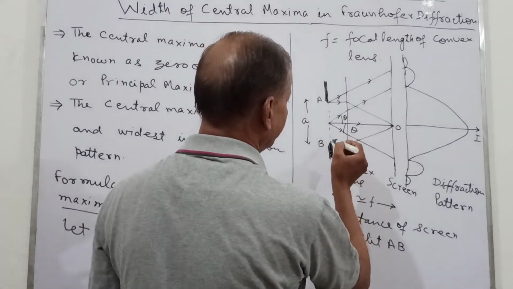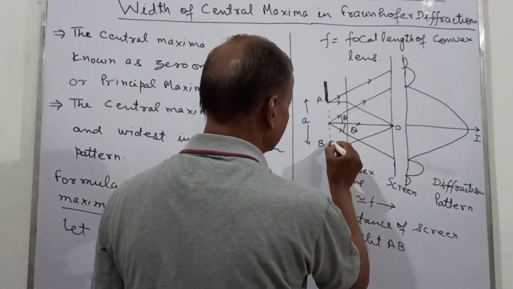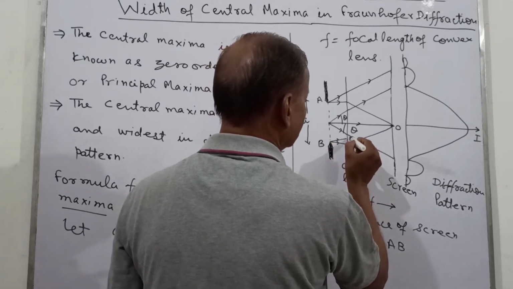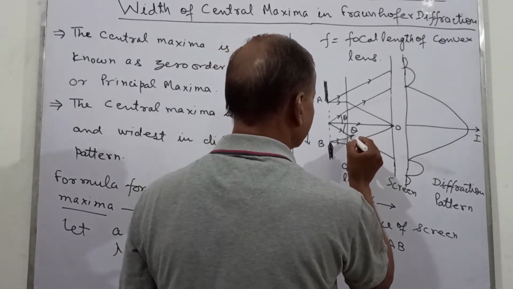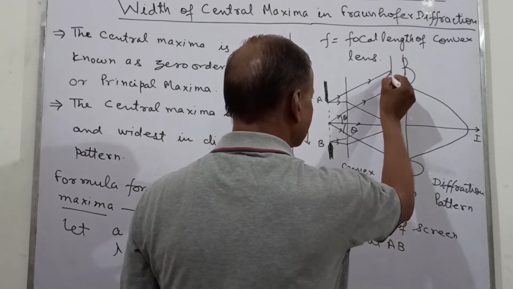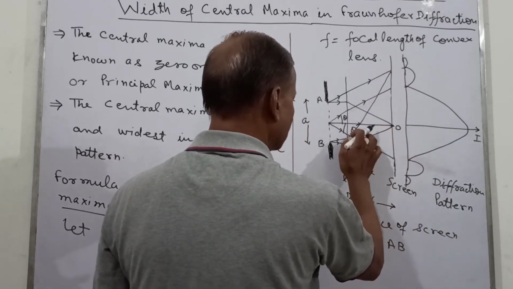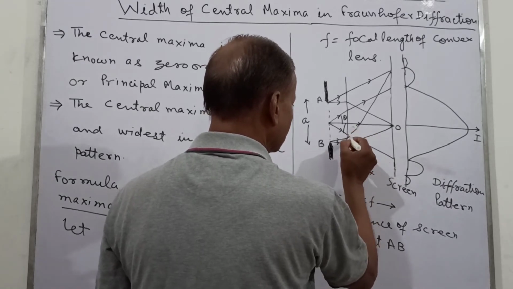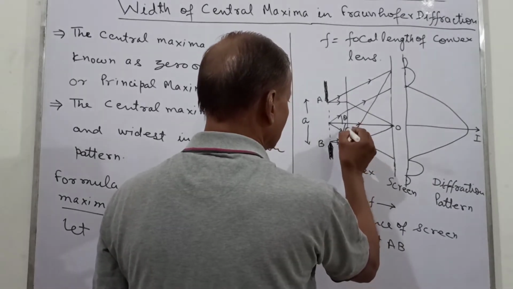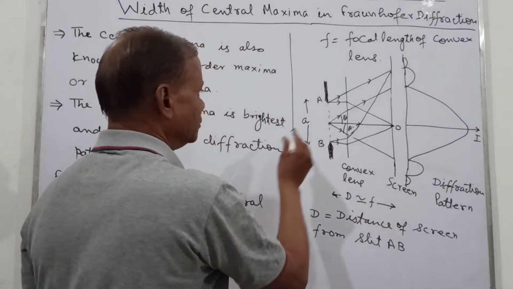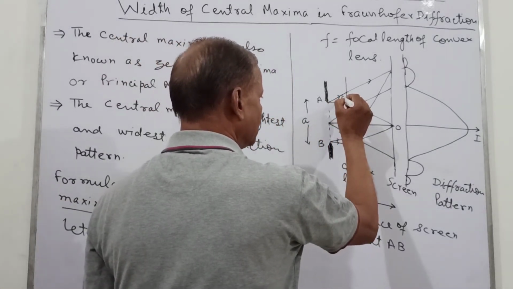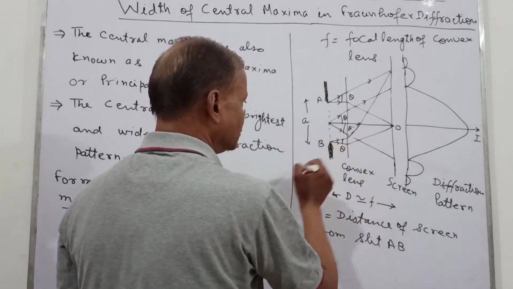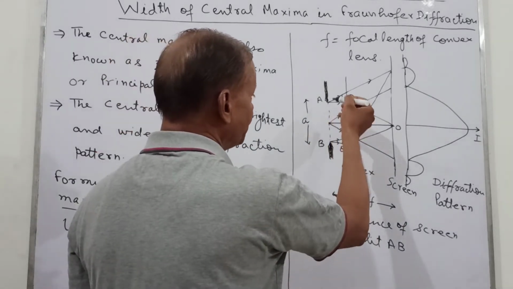Similarly, the light diffracted from this point at the same angle will reach this point. This angle is also theta. So now they have got the path difference.